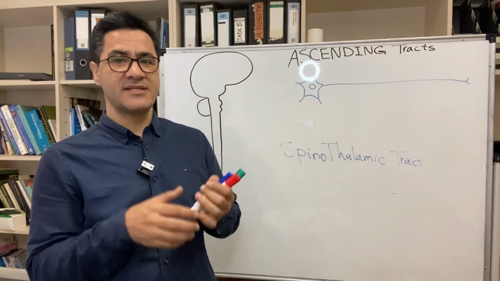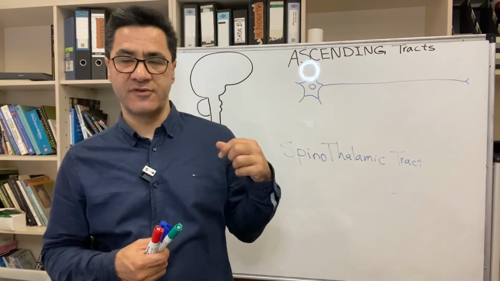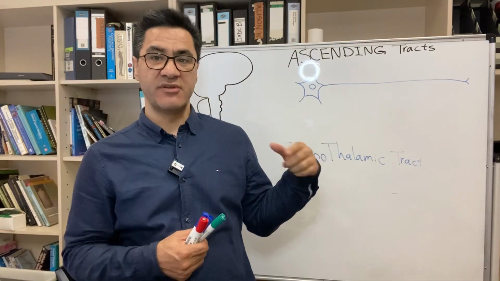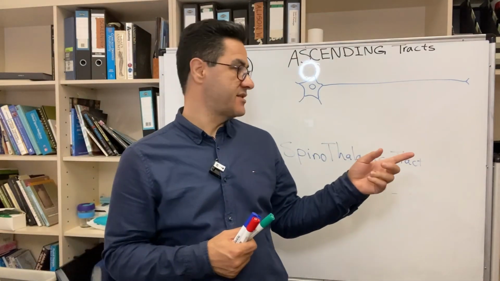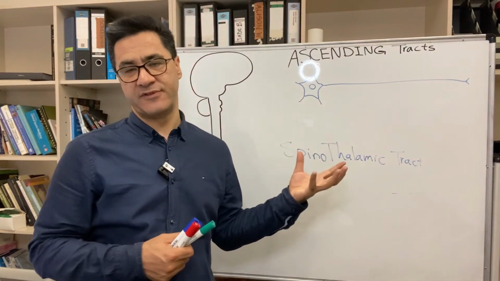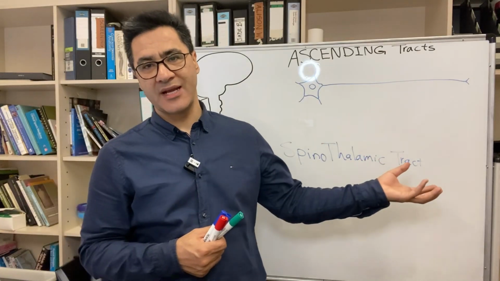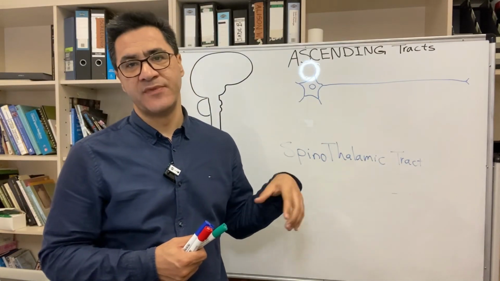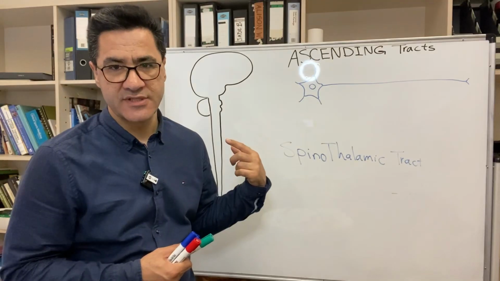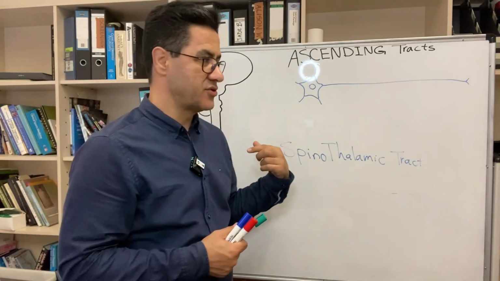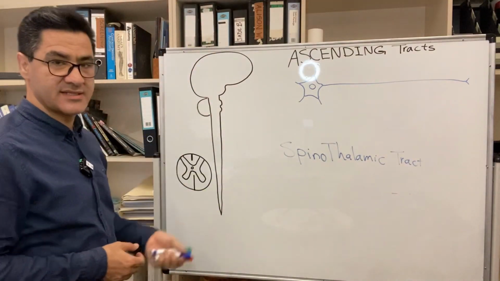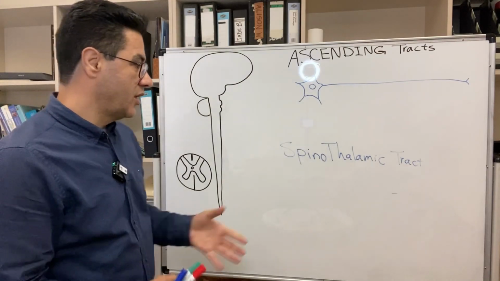All this sensory information is received from the environment through the receptors, and then the receptors connect to their first order neuron. Action potential will carry through the axon of the first order neuron to get into the CNS, central nervous system.